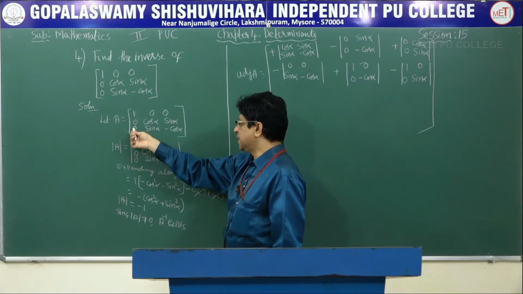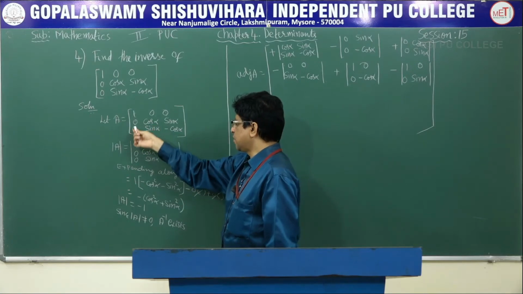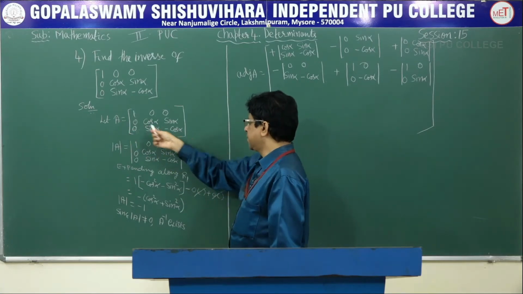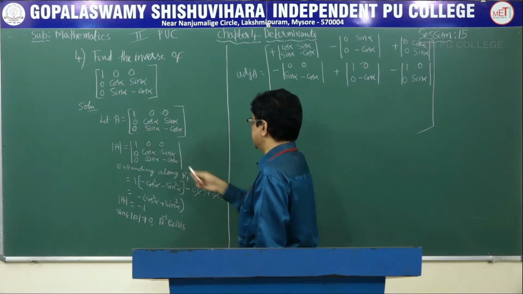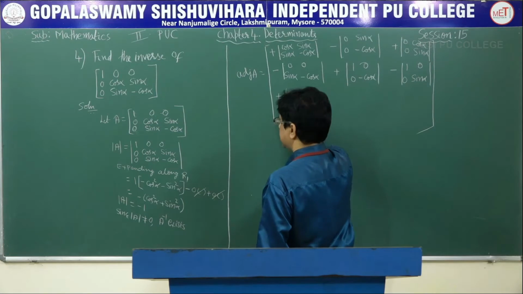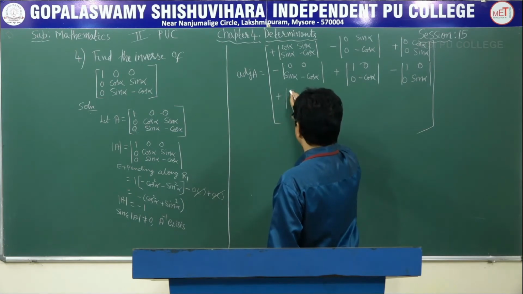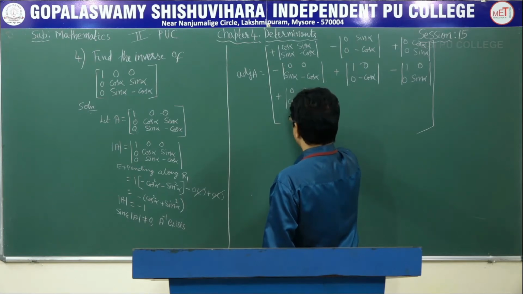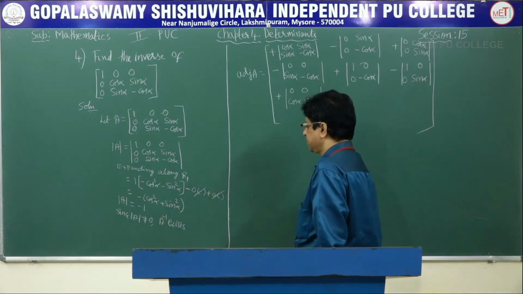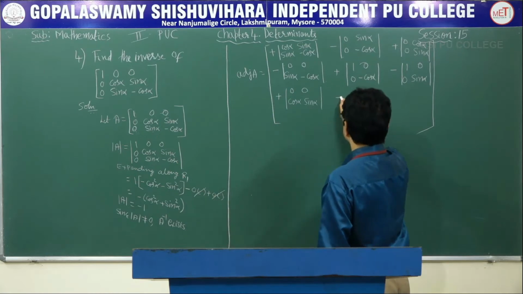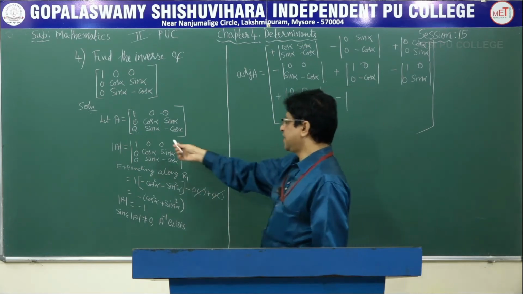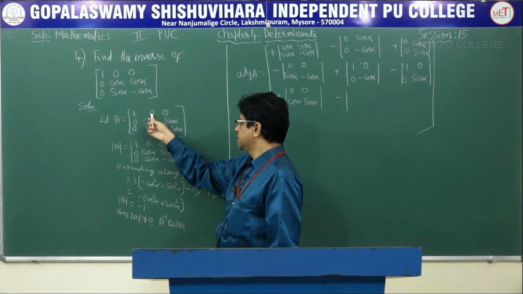Next we shall find the cofactor of 0. So 0 lies in the third row and first column. We eliminate the third row, first column and take the determinant of the remaining elements. Plus determinant of 0, 0, cos alpha, sin alpha. Next we shall find the cofactor of sin alpha. So sin alpha lies in the third row and second column.